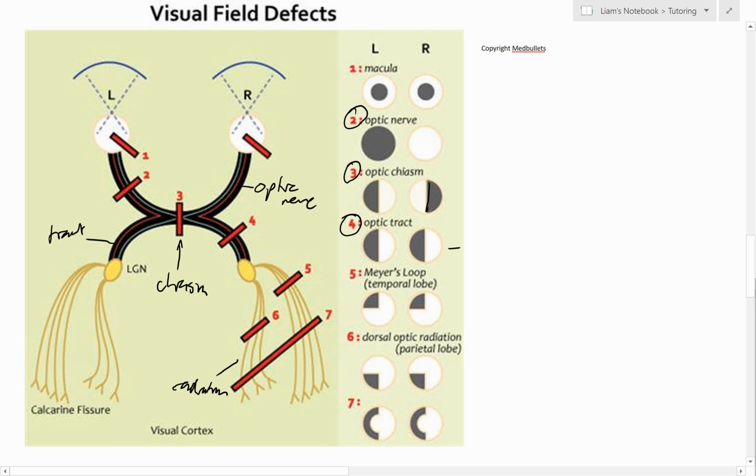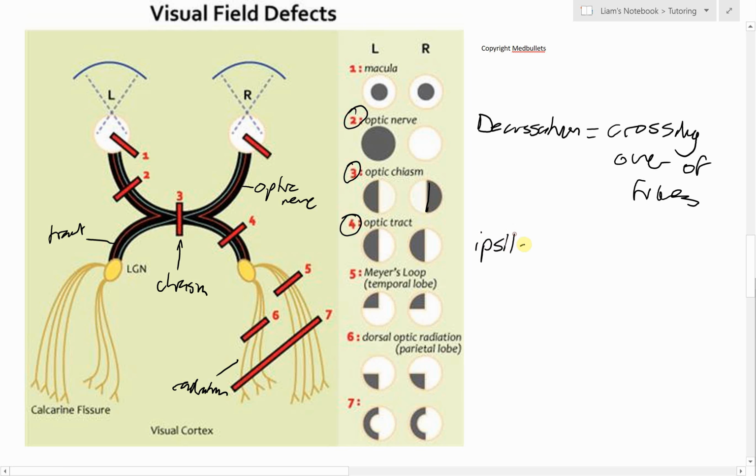Before we start on some of the clinical things, there are a few terms I'm going to be using in this video that I'd like to quickly define. Decussate or decussation is basically the crossing over of fibers. If I refer to an ipsilateral lesion or ipsilateral sign, that means on the same side.